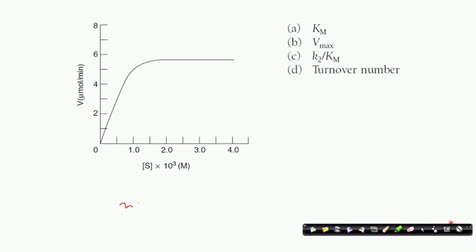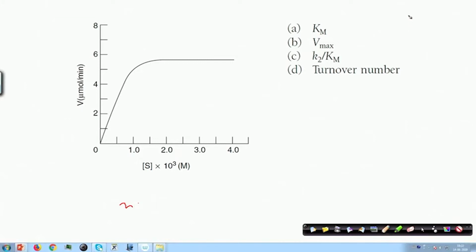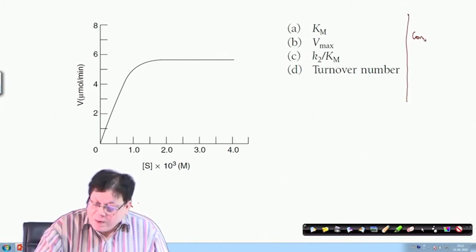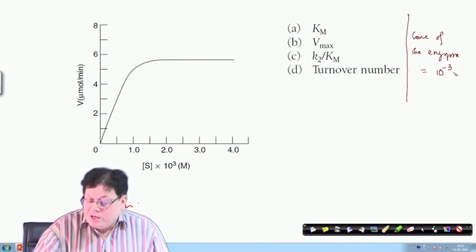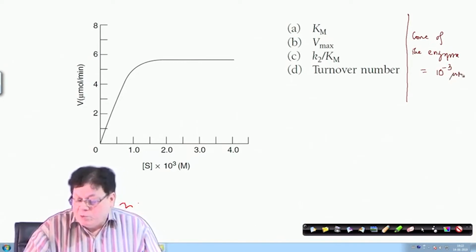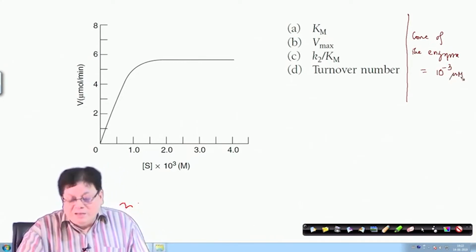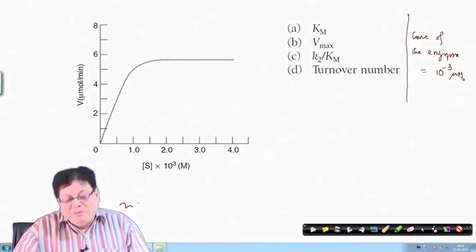Here I give one more piece of data that is missing: the concentration of the enzyme in this experiment is, suppose, 10 to the power minus 3 micromolar. That is needed to calculate some of these parameters.